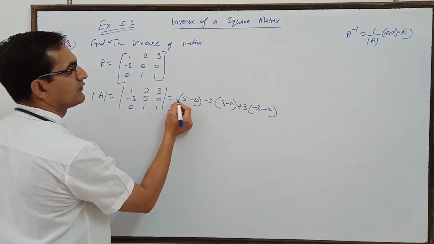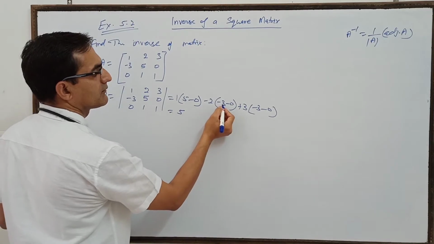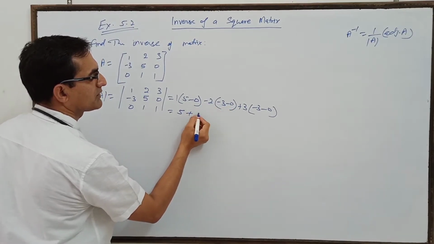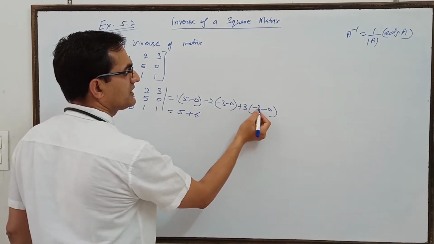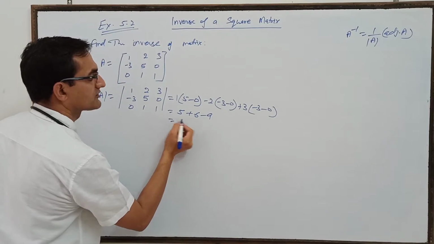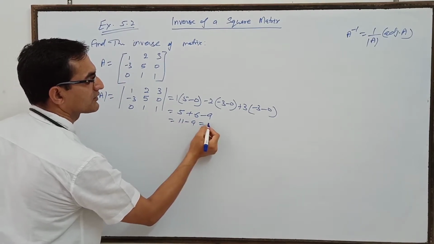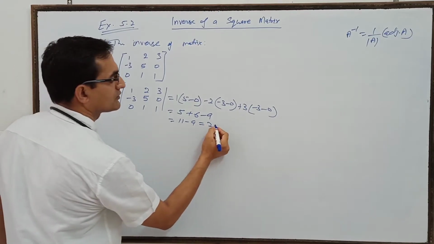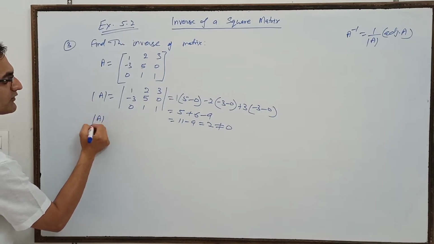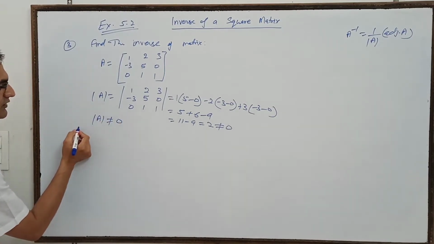This is equal to 5 minus 0, 5; and plus 3 into (0 minus 3), minus 9; plus 2 into minus 15... This is 5 plus 6, 11, minus 9, and this is equal to 2 and it is not equal to 0. Means determinant of A is not equal to 0.